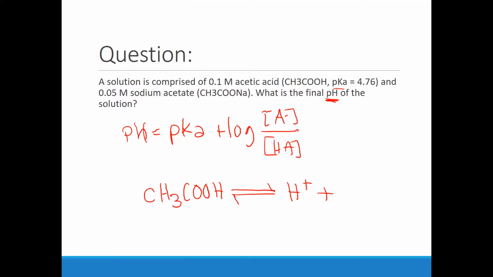So what's left over? CH3COO minus, that's our A minus. So the acetic acid component is here. That is our CH3COOH, and that is 0.1 molar.